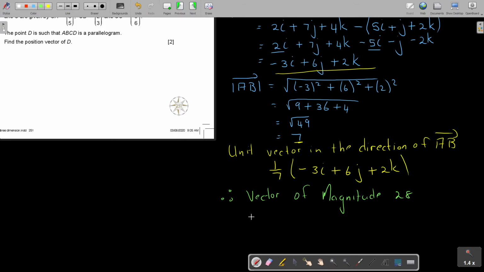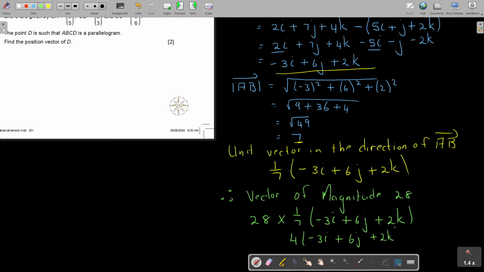So it's actually just taking the 28, multiplying 1 over 7, and negative 3i plus 6j plus 2k, and that's going to be 4 times negative 3i plus 6j plus 2k.